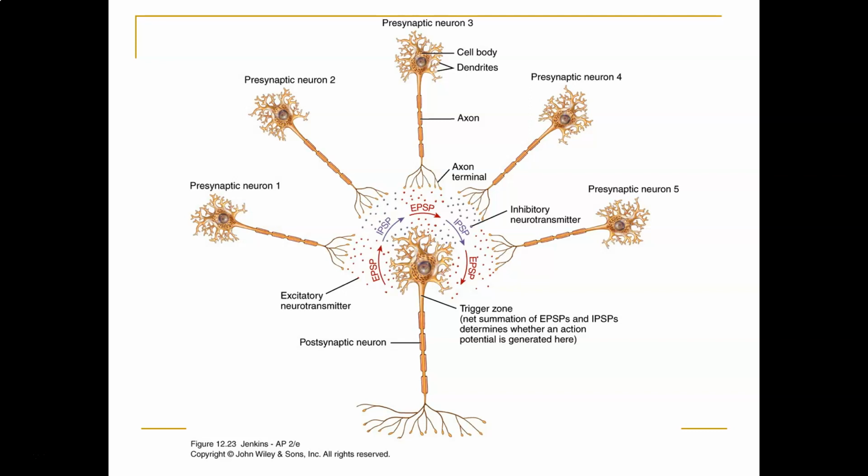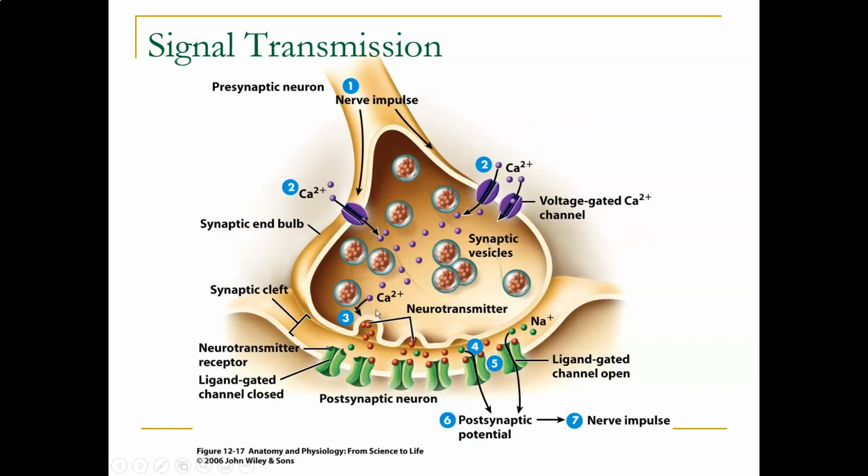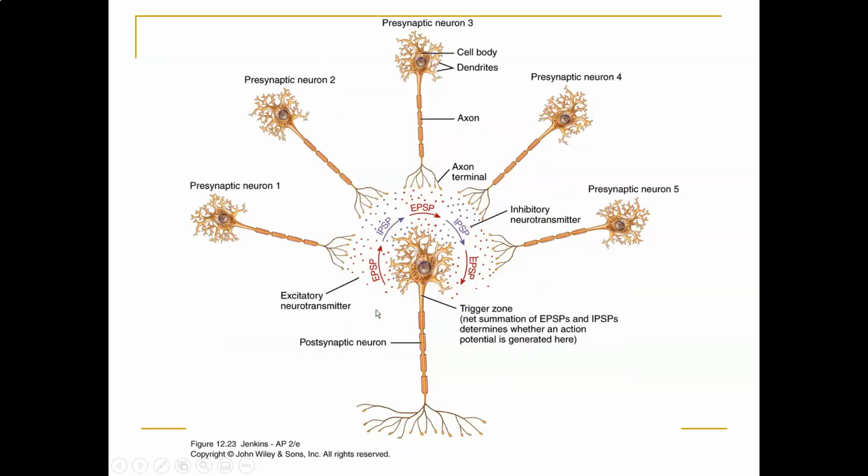Are they going to let in positive charge or negative charge? Or they might let one or the other out. But the point is, is it going to cause a depolarizing or a hyperpolarizing signal? And notice in this picture, because this shows you how complicated it really is, is this neuron right here going to trigger an action potential or not?